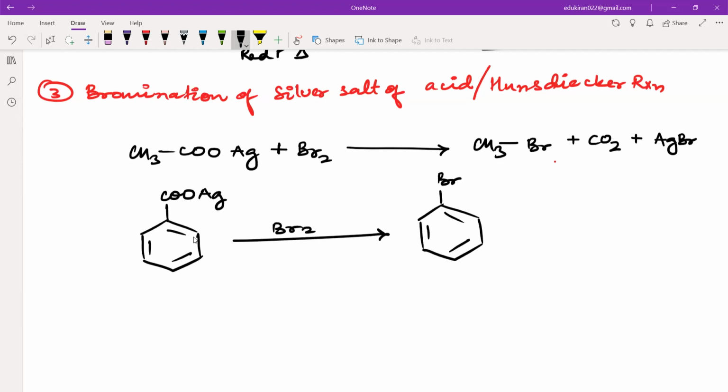Okay, so from silver benzoate, you are getting bromobenzene in one step. Again, there will be CO2 and AgBr.